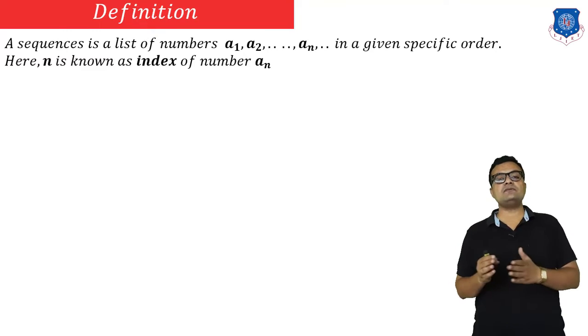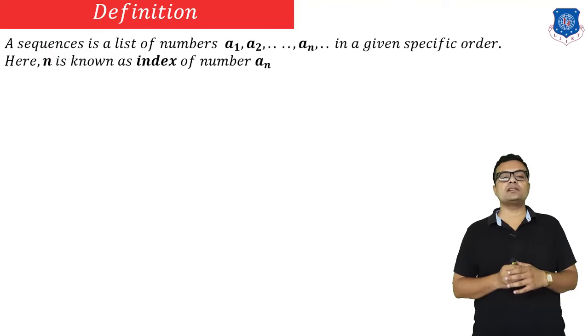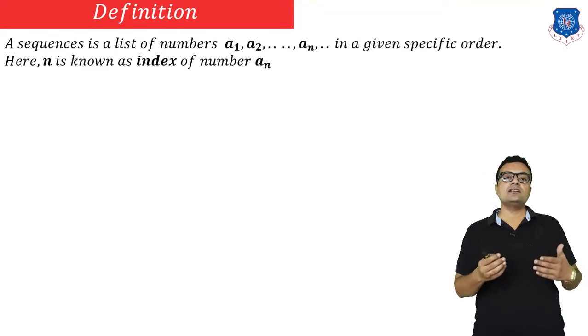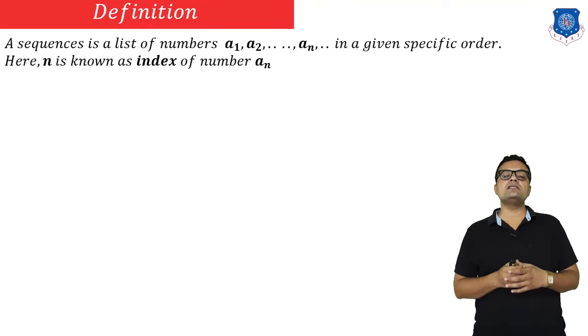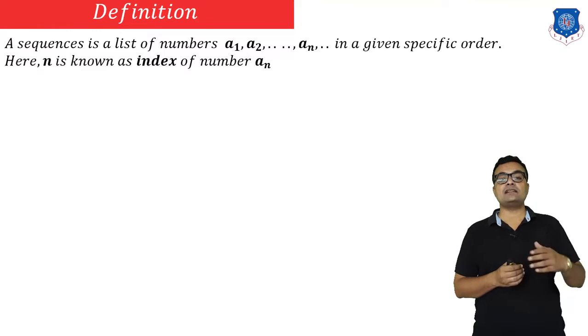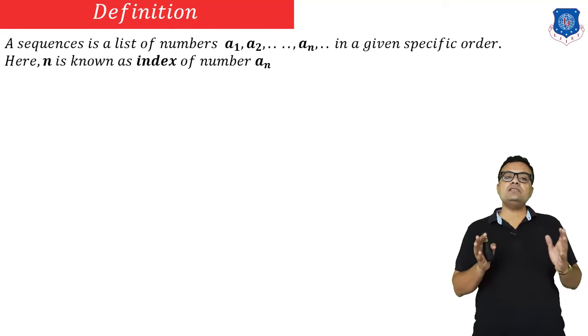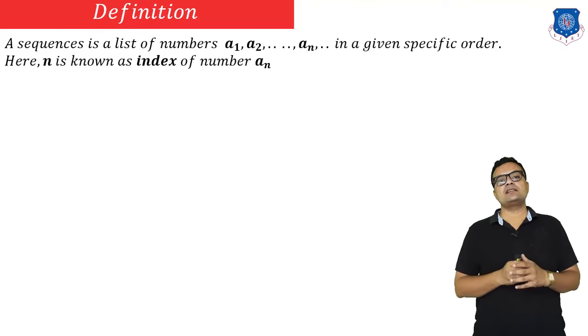Likewise, there is a specific order in the months of a year, January, February, March, and so on. And then there is a particular order in the years of a century, like 1901, 1902, 1903 up to 2000. So that means we are already considering sequences in our daily life.